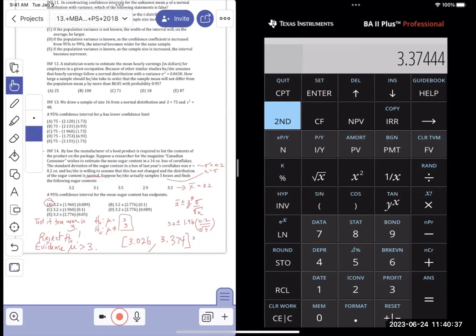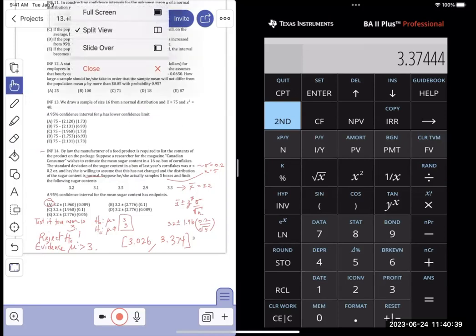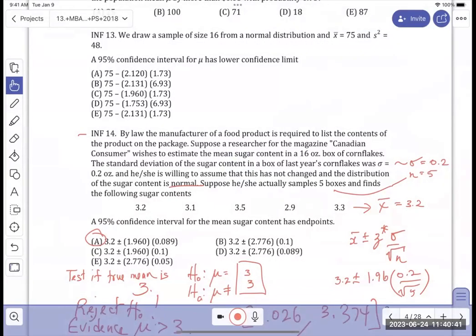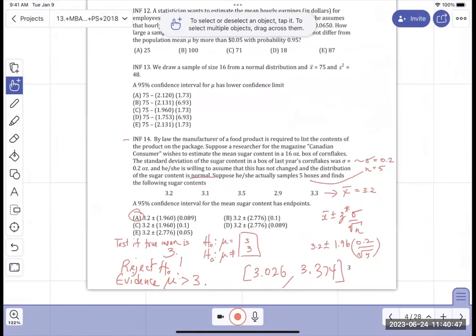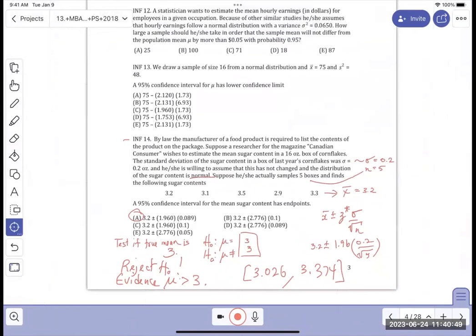Okay, so let's continue. We have still some time. Are you guys good? You guys getting the hang of this? So we didn't have to do all this. I just added this question on.